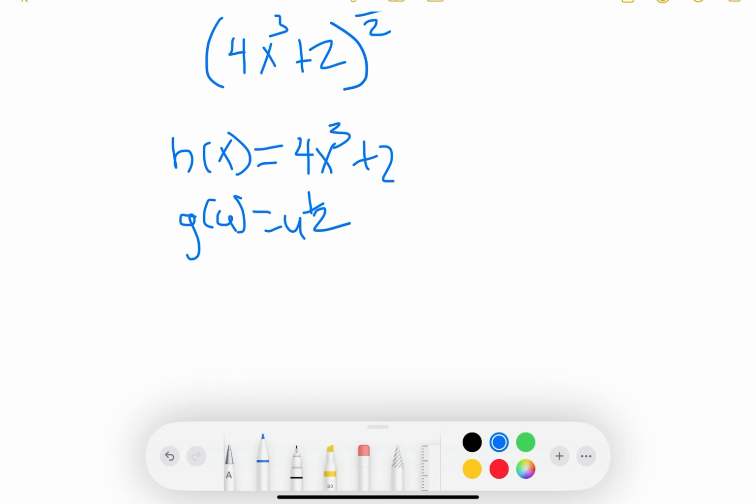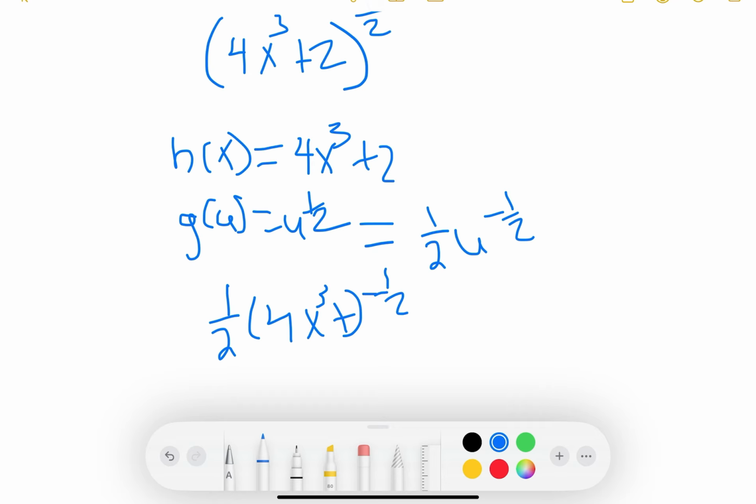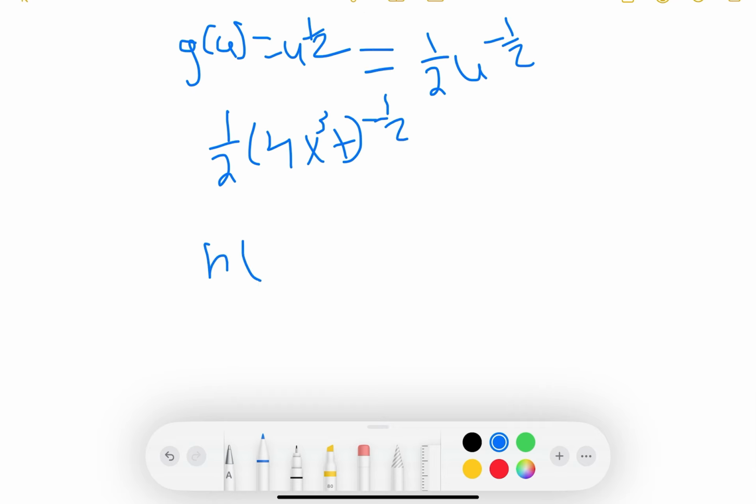So when I take the derivative of the outer function, it's just going to be 1/2 u to the negative 1/2. And then you want to rewrite it, so it's just going to be 1/2 times (4x to the third plus 2) to the negative 1/2. I'll have to take the derivative of the inner function, which is h prime of x, which is just going to be 12x squared.